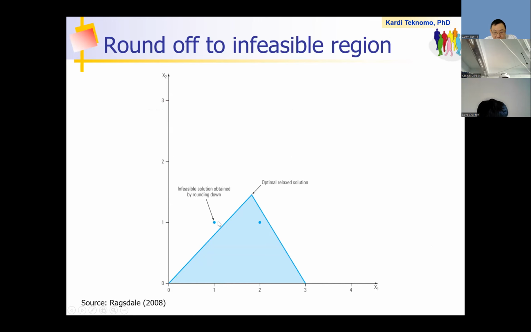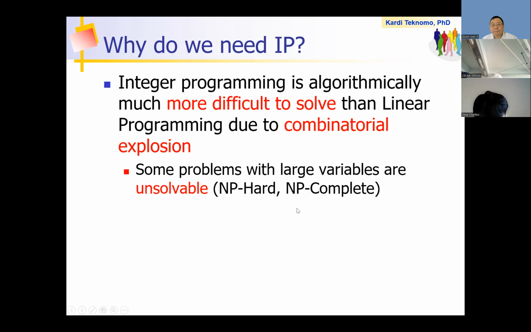But if you use LP relaxation, this is close to this one, so you will say, oh, this one is probably the solution. 1, 1 is not. Clear? Also, if you round up here, you will get 3, 1, which is also outside the feasible solution.